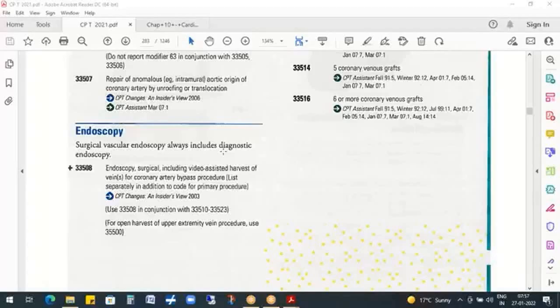Are you able to see that one? 33508. It's an add-on code. Yes, sir. Are you at that code or not?